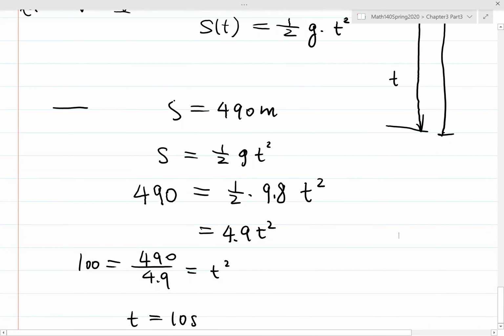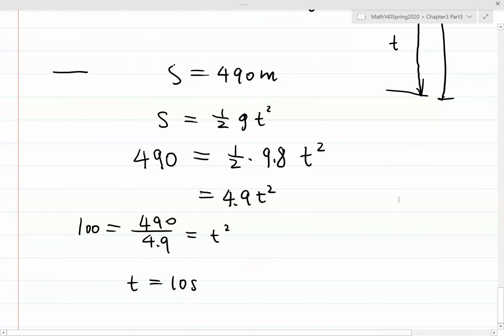You see, if a helicopter lost its power, suppose the height of the helicopter is 490 meters, the reaction time for the driver is 10 seconds.